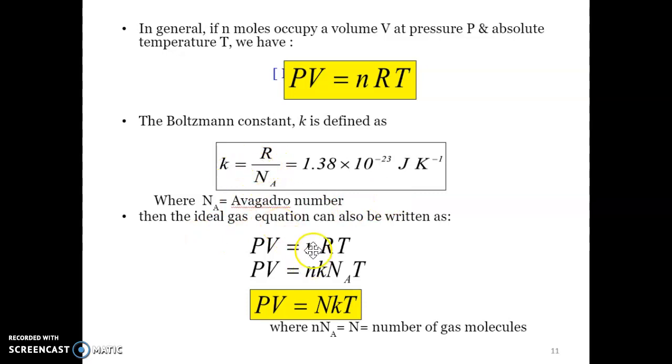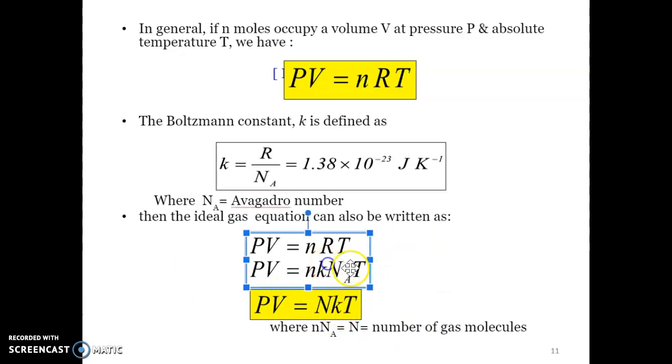So you just substitute nRT with n, R equal to kN_A, so you get n k N_A T. Knowing that n times N_A is equal to N, we're going to have one equation here.